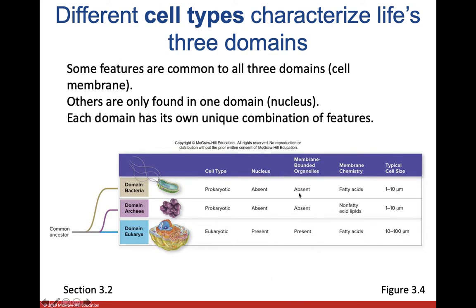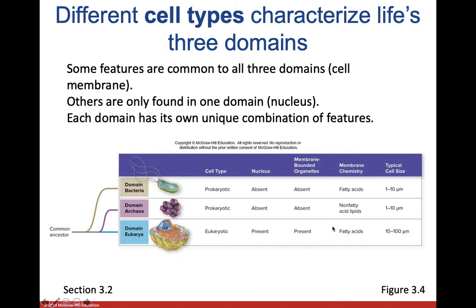The other one that goes along with it is the presence or absence of membrane-bound organelles. Now, the nucleus is a membrane-bound organelle. Prokaryotes do not have membrane-bound organelles. They essentially are just a membrane-bound cell. Whereas eukaryotes have quite a few membrane-bound organelles, and we'll talk about some of those later on.